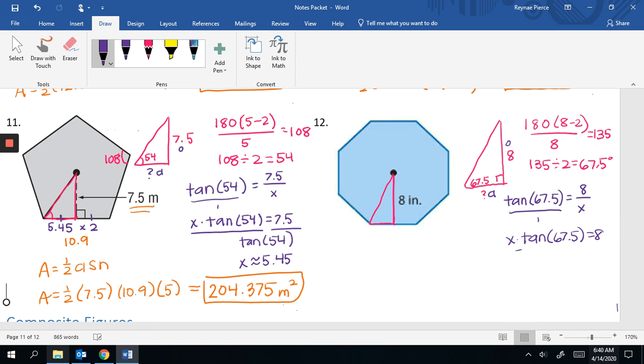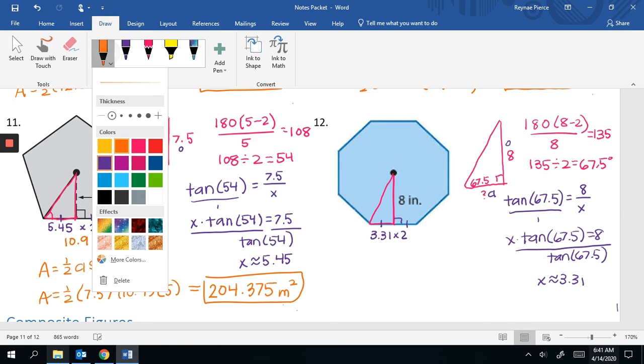So to find that missing part, we've got to divide both sides by the tangent of 67.5, which is about 3.31. But remember that only represents half of our side, so we need to multiply by 2 to find the length of the whole side.